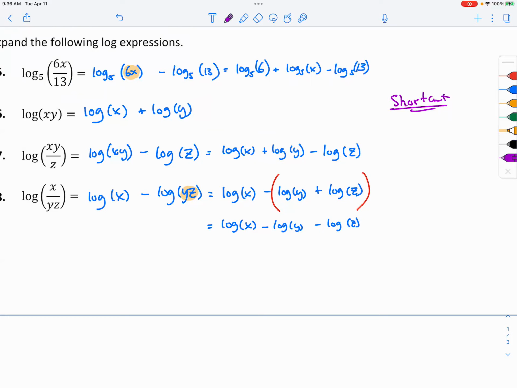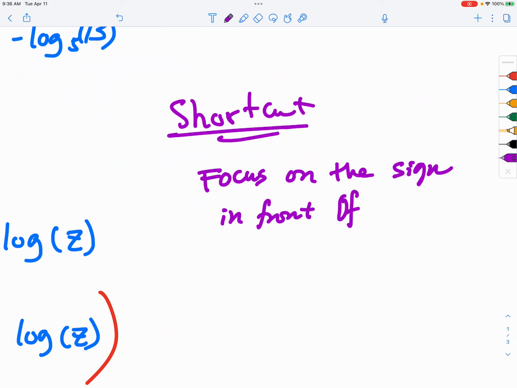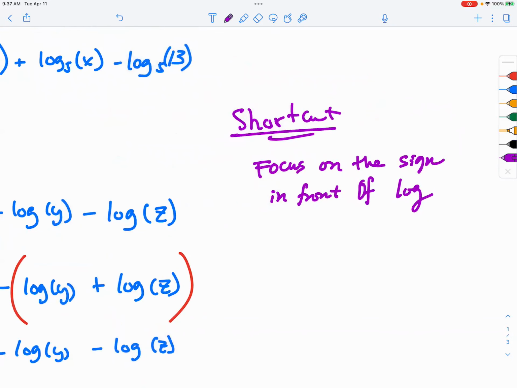What's the shortcut? Focus on the sign in front of log. If you focus on the sign in front of log, it's actually very useful.